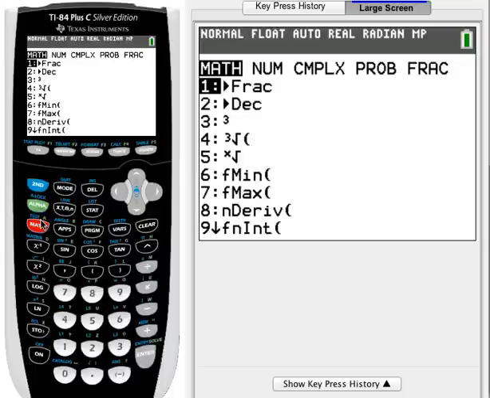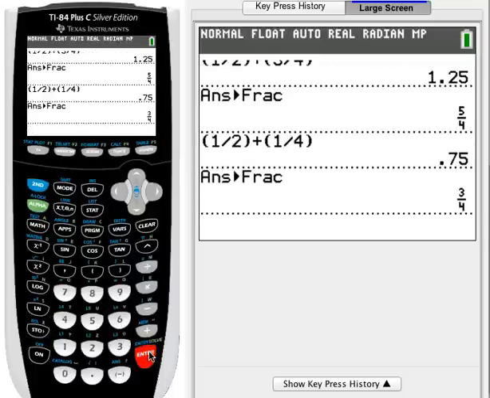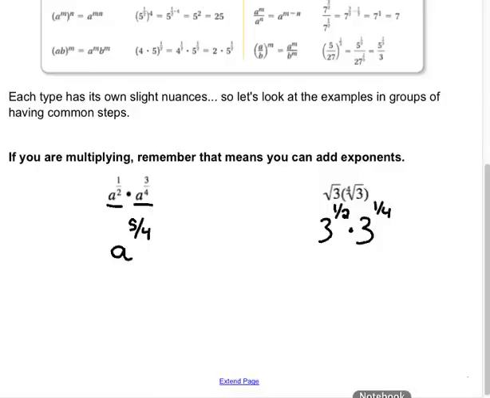If you need a calculator to turn it into a fraction, go into the math menu, arrow to fraction, and you get 3/4. So this is going to be 3 to the 3/4. That's the first skill: when you're just multiplying two things, you can add their exponents together.